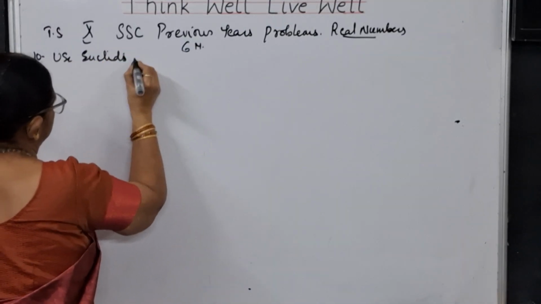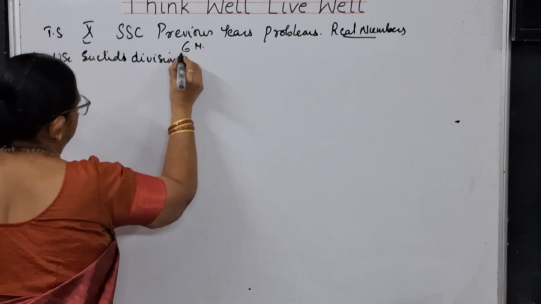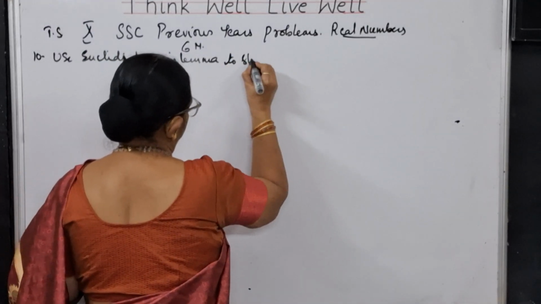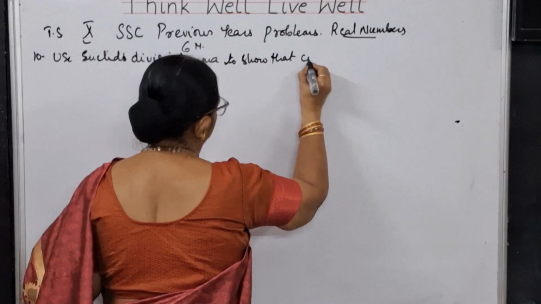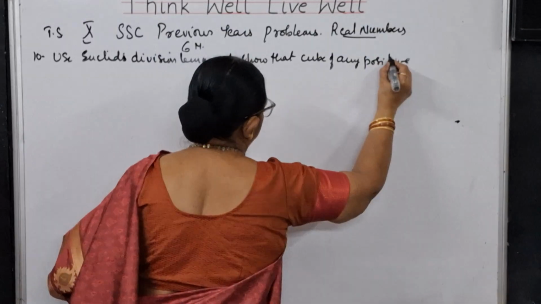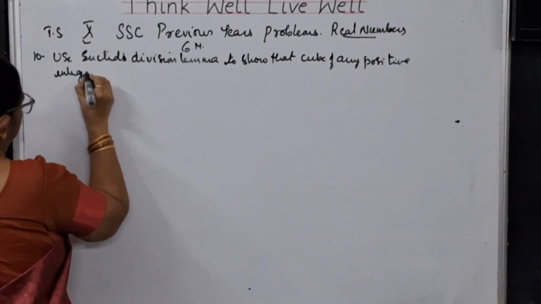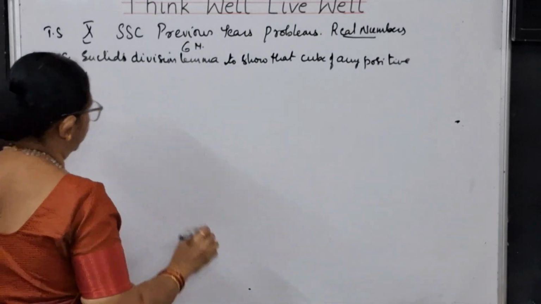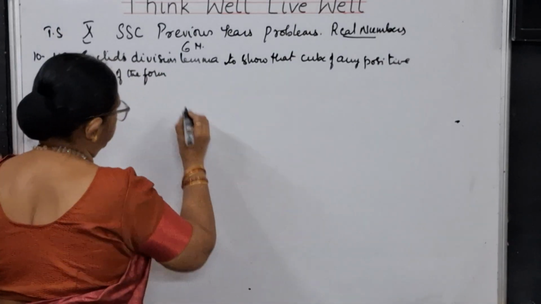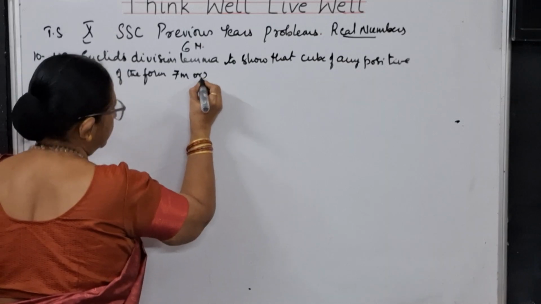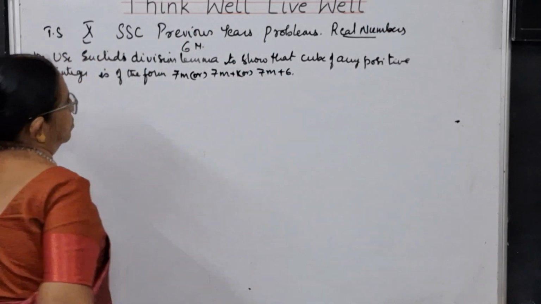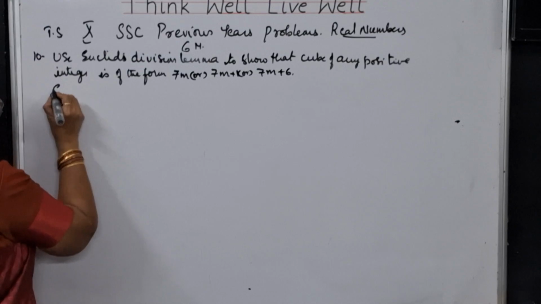Use Euclid's division lemma to show that the cube of any positive integer is of the form 7m or 7m plus 1 or 7m plus 6. Same type of problems, children.